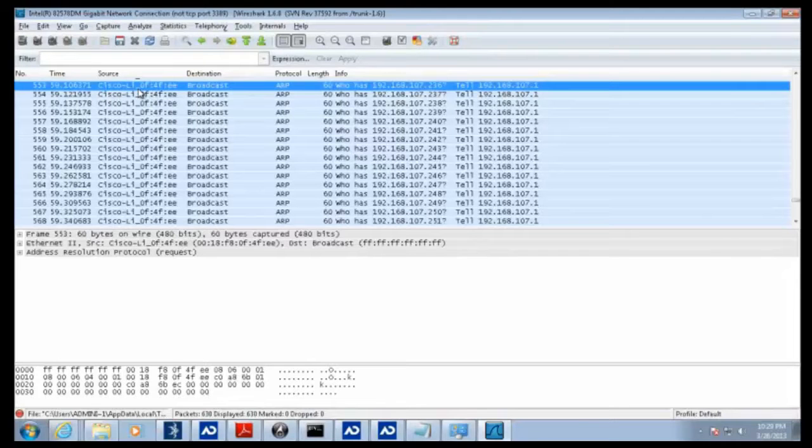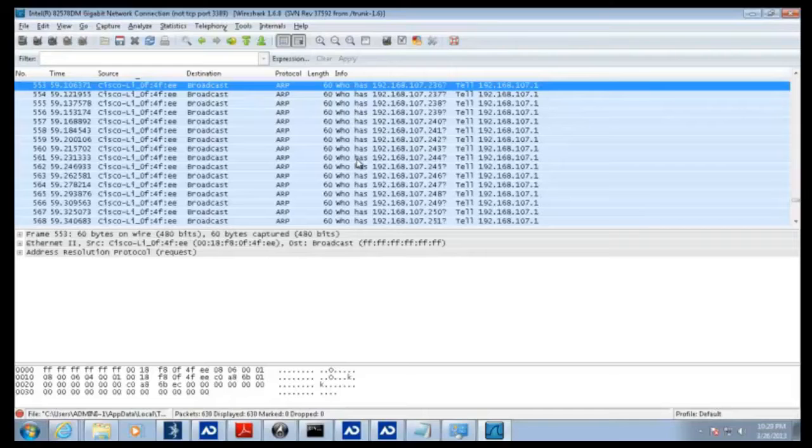If you look this up, this is the gateway address on this network, and this particular ARP broadcast packet is asking who has 192.168.107.236. If you have that, tell 192.168.107.1, which is the gateway on this network.